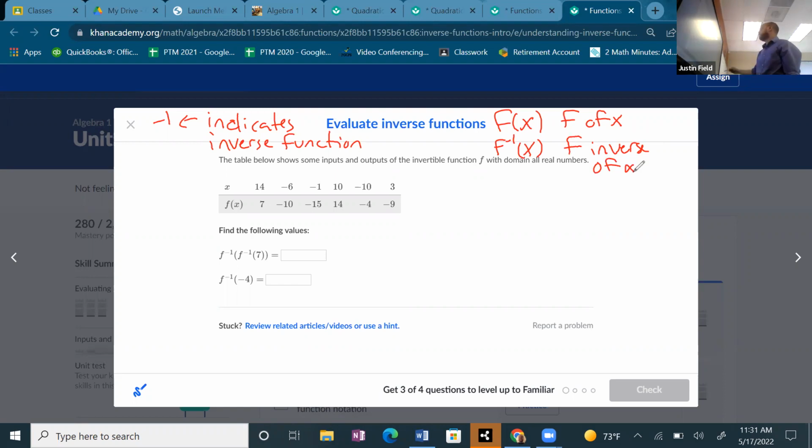Okay, and the inverse functions, when you compose them, you get x. So how does that make sense? Oh, here's a good one. Don't write that down. Write this down.